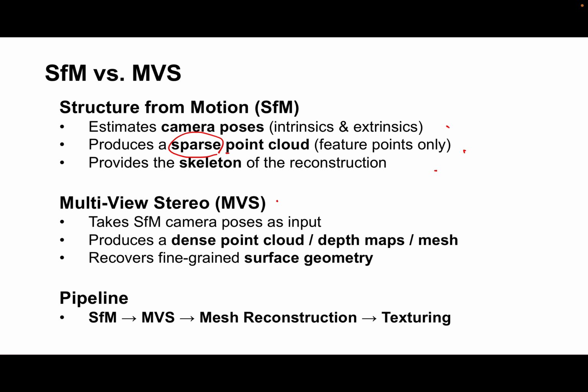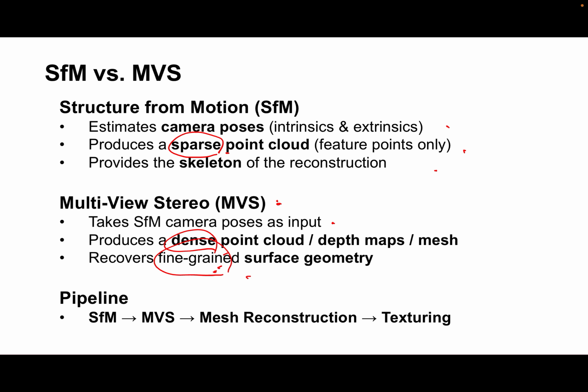But in contrast, MVS tries to reconstruct the entire dense, full 3D surface from images. That is multi-view stereo. It takes SfM camera poses as input. That means MVS requires the camera calibration result. It might have scale ambiguity or anything, but it needs camera poses as input and produces a dense point cloud, depth map, mesh, recovering fine-grained surface geometry.